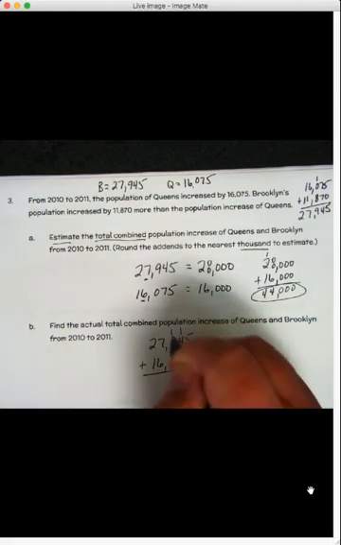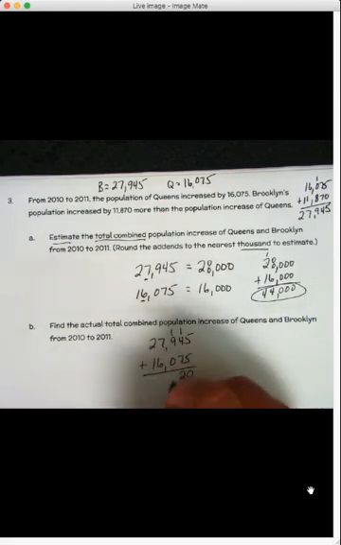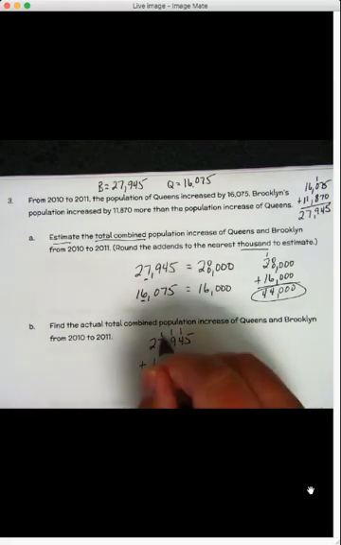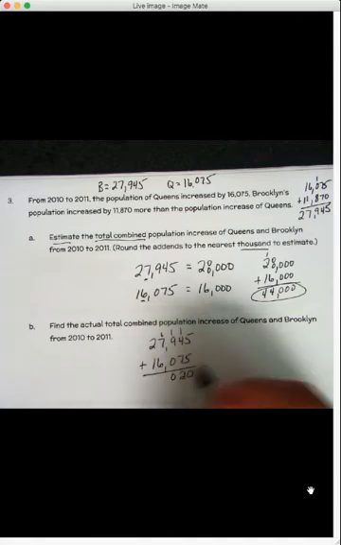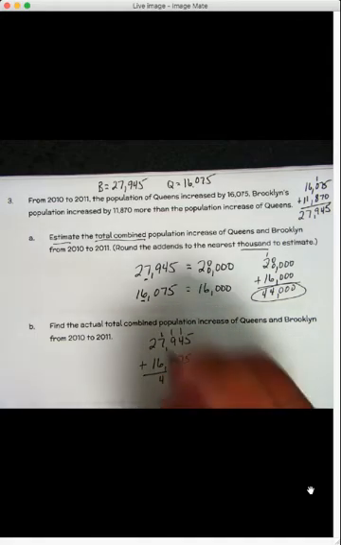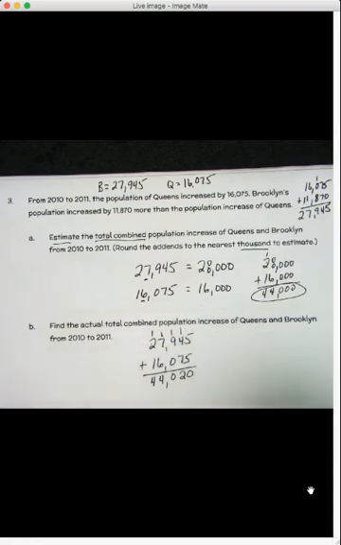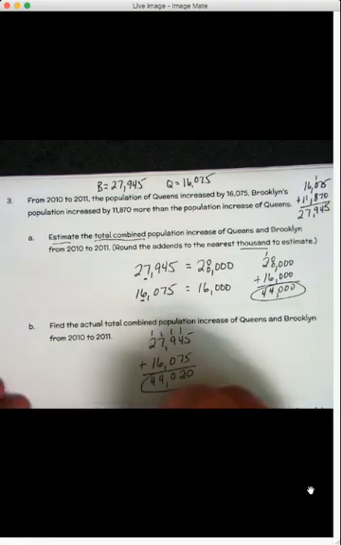Carry our 1. 1 plus 9 is 10. Plus 0 is still 10. Put our 0 down. Carry our 1. 1 plus 7 is 8. Plus 6 is 14. Put our 4 down. Carry our 1. 1 plus 2 is 3. Plus 1 is 4. So the actual population increase was 44,020.